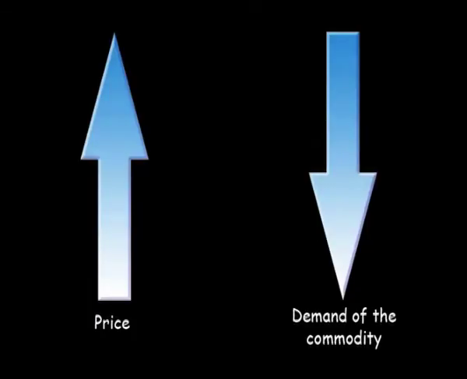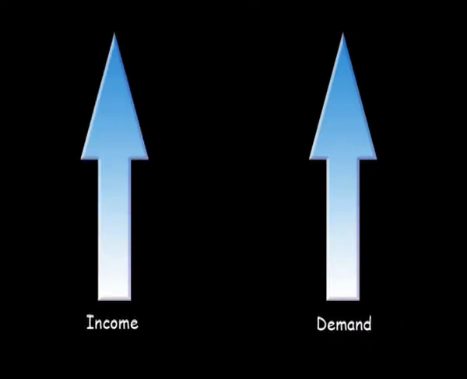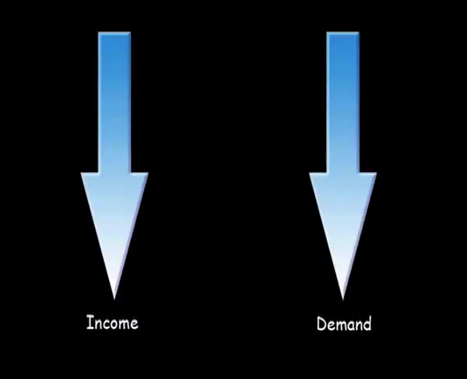Demand for normal goods is price negative and income positive, that is, an increase in price reduces the demand for the commodity and a decrease in price increases the demand for the commodity, whereas when the income of the consumer increases, the demand increases, and when the income decreases, the demand decreases. So we can say that the demand for the commodity varies directly with the change in income of the consumer.